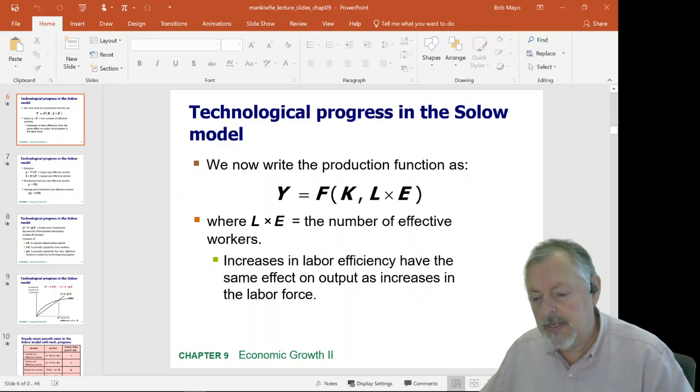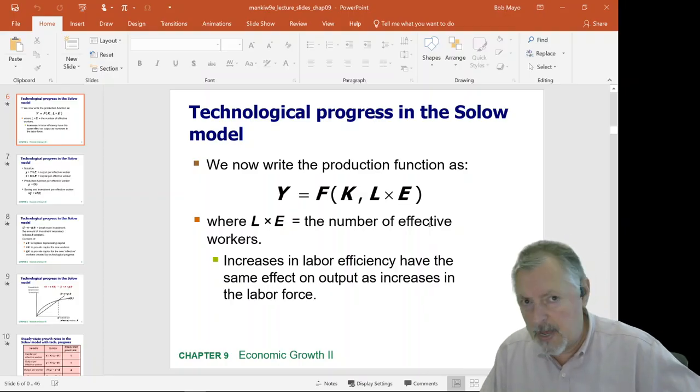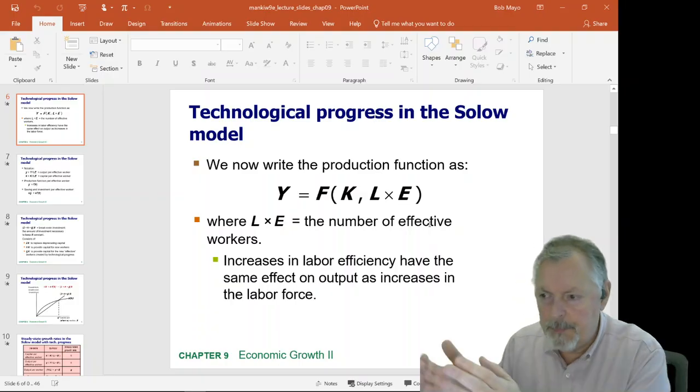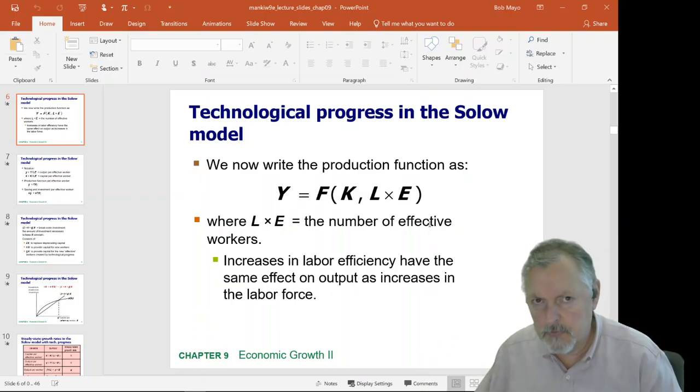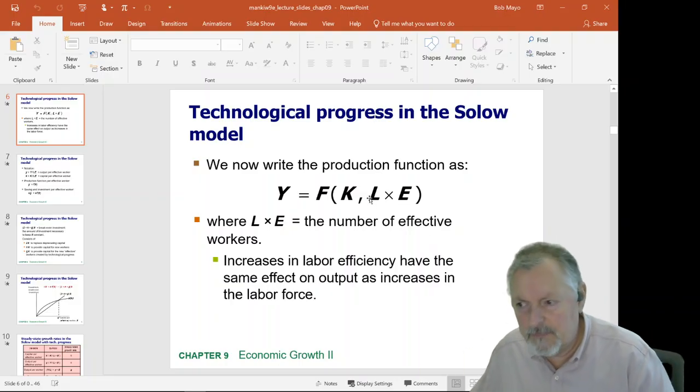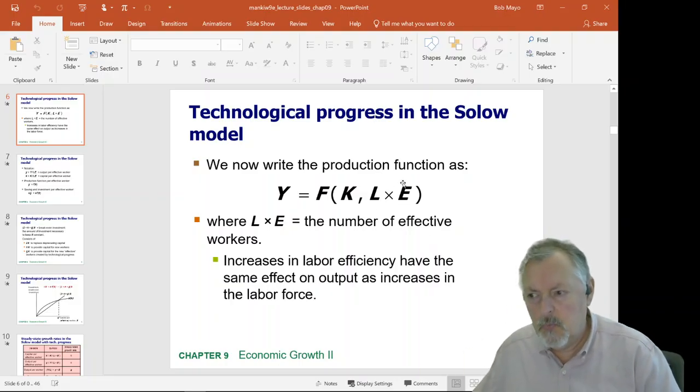Okay, now if we convert to a per worker measure, divide everything through by L, like in the Solow model from Chapter 8, but we include this concept of effective workers. How many effective workers do you have? Well, we shouldn't divide through by L anymore. We should divide through by this whole term, by the number of effective workers.